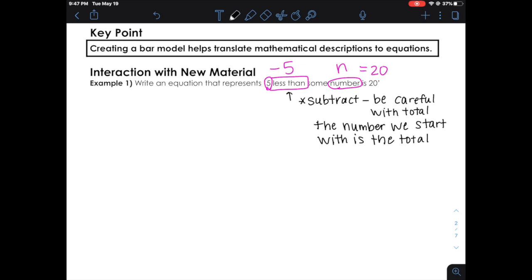Since we're taking 5 away from a number, we're not starting with 5, we're starting with a number. So in that case, our total is going to be our variable, n.